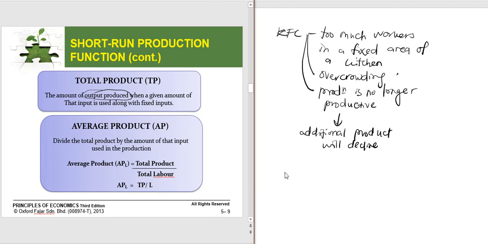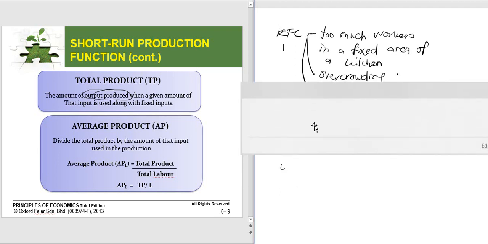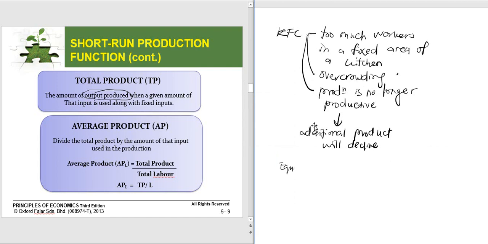Let's say I use KFC as an example. The number of machineries or equipments is the same, which is 5, so this is fixed. The only thing that changes is the number of labor, or workers. If you have one worker, how many pieces of chicken can you produce?